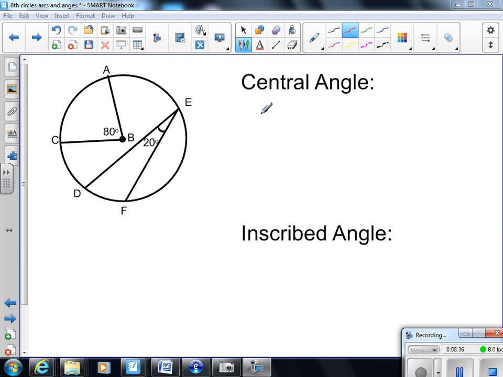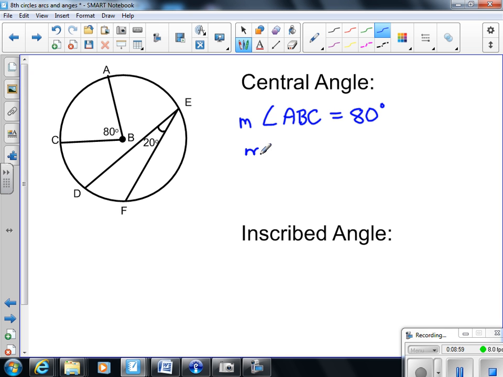All right, what is your first central angle? The central angle is angle ABC, or you could have it written as angle CBA. What is that measurement? That measurement would be 80 degrees.